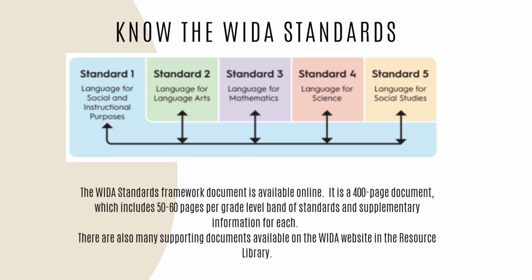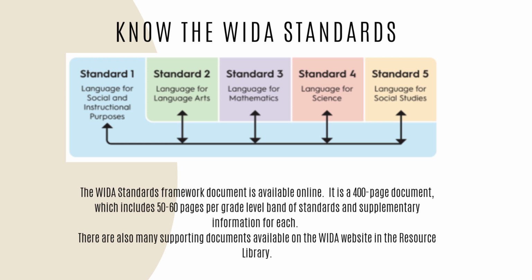The WIDA Standards Framework document is available online, and at the link that I had a few slides back. It is a 400-page document, so it's quite overwhelming, but it does include 50 to 60 pages per grade level band of standards and supplementary information for each.